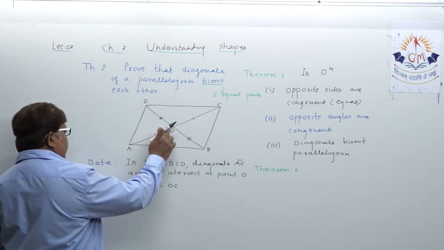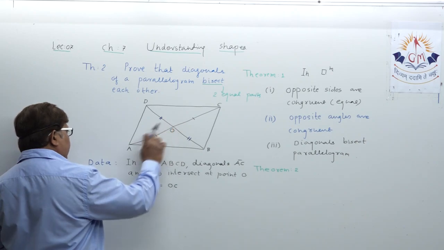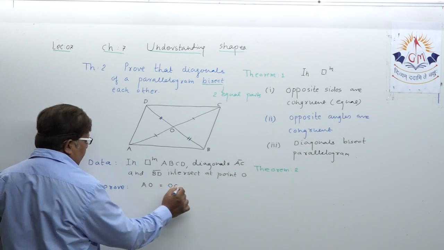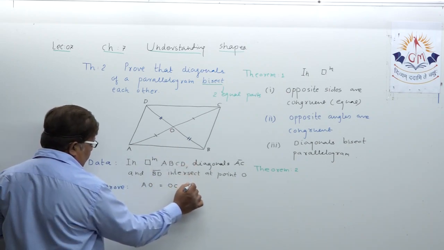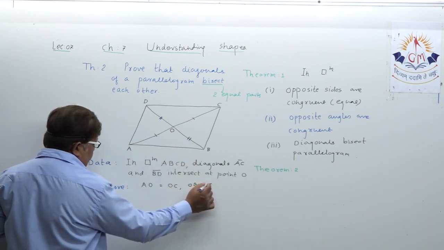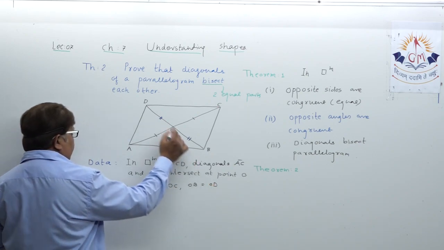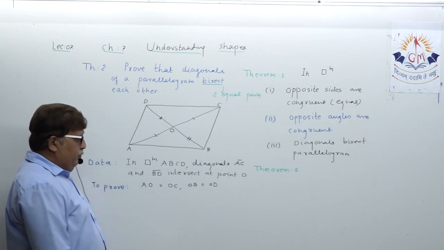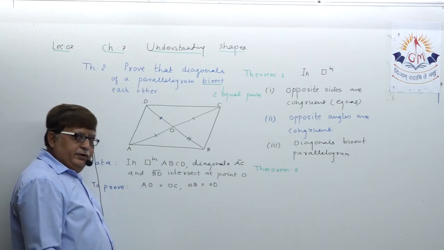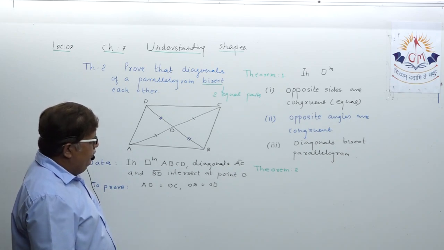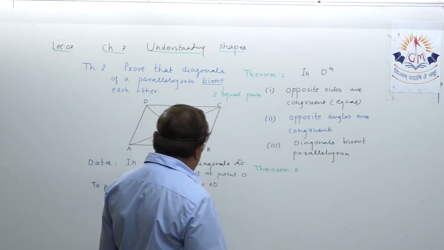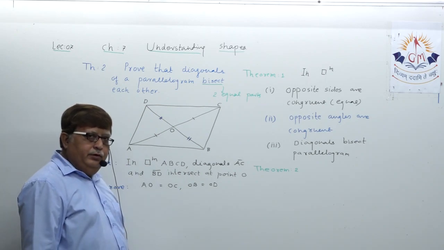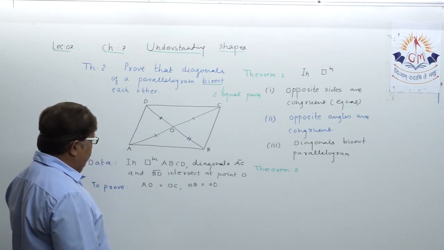When you prove this, it means at point O, AC is bisected, and you also have to prove OB equal to OD. When you prove this, it means BD diagonal also got bisected. Okay, this is data and to prove in this particular theorem.